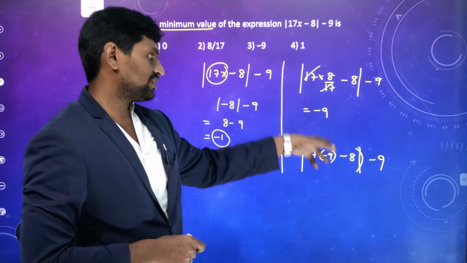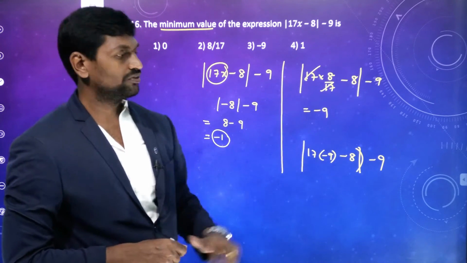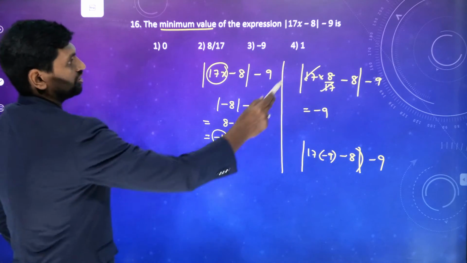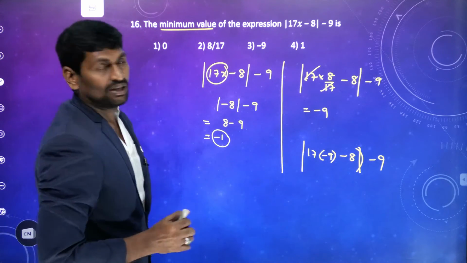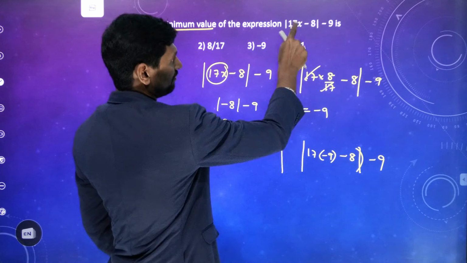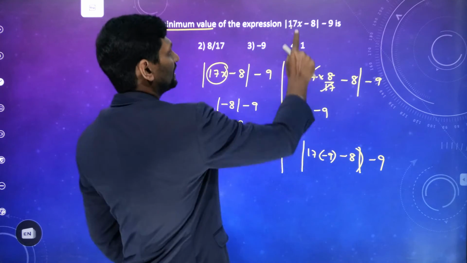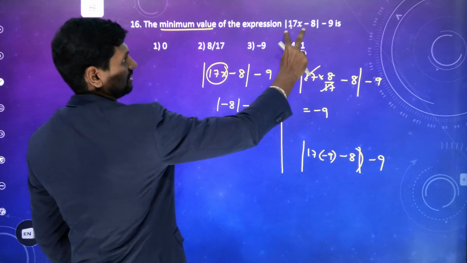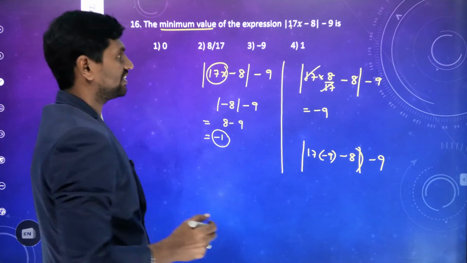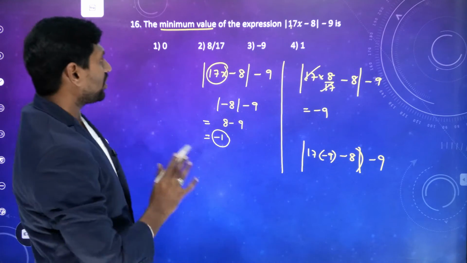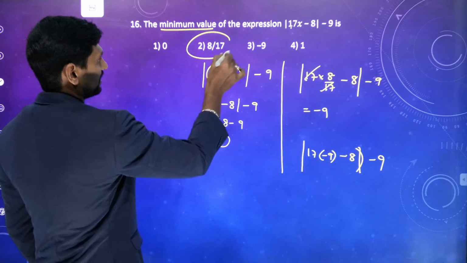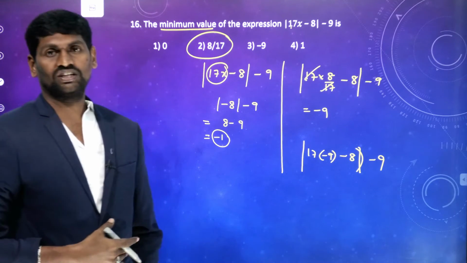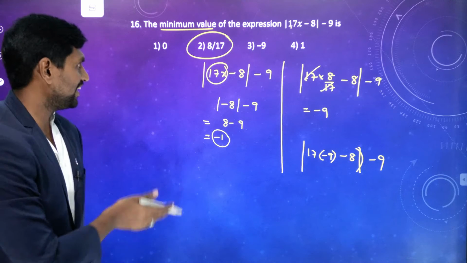According to these options, the third option is larger, so we are not considering that. Last option. What is the last option? Substituting 1 in the place of x. 17 ones are 17. 17 minus 8 is 9. 9 minus 9, 0. So among all the options, we are getting the least value at the second option. Minus 9 is the least among all.